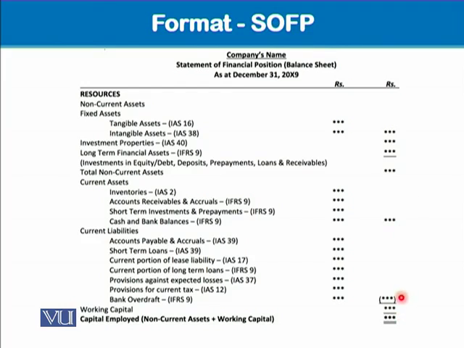And this working capital figure along with the non-current assets figure gives us the capital employed figure. All right. So this is the format in which we are showing our entire resources side, and this working capital is added to the non-current assets to have this amount. Okay.